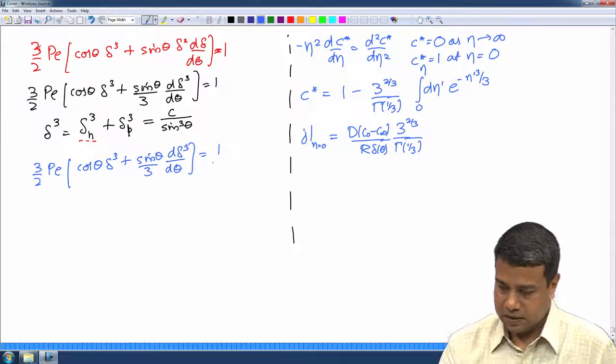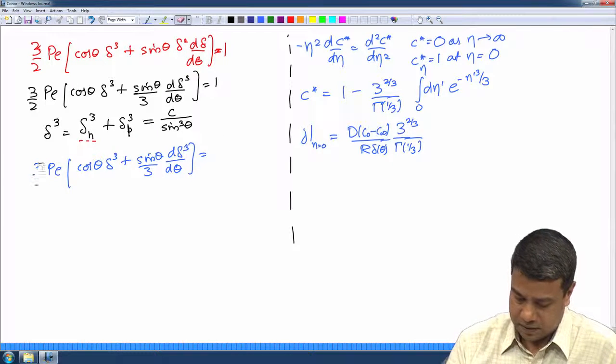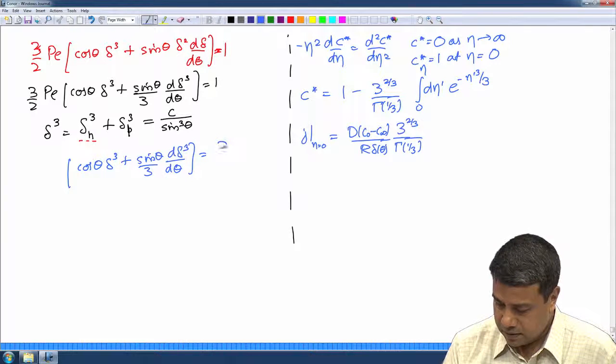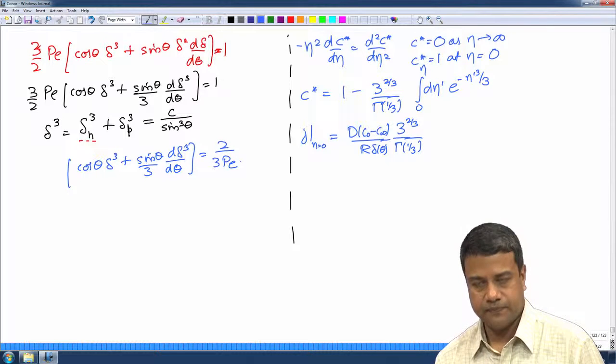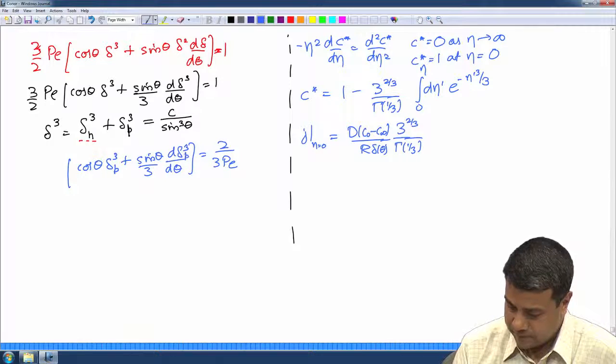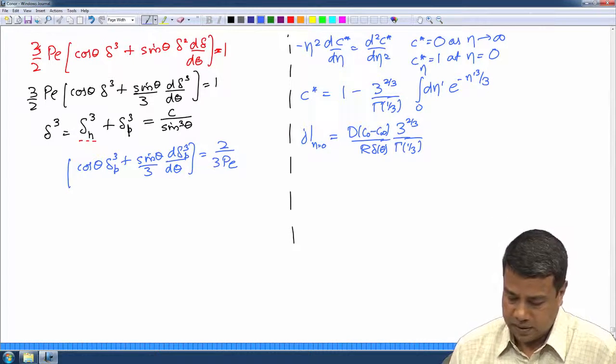Alternatively, I can take this Peclet number to the right hand side, and write this as 2 by 3 Peclet number, just rewriting the equation. So, this is for the particular part. It has to solve the inhomogeneous equation. How do we solve it?